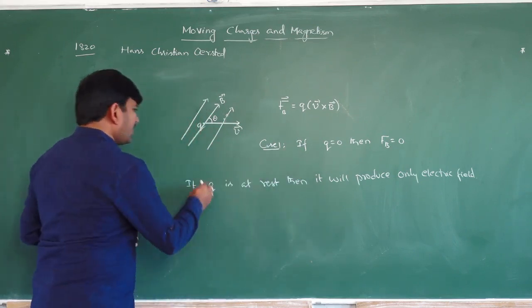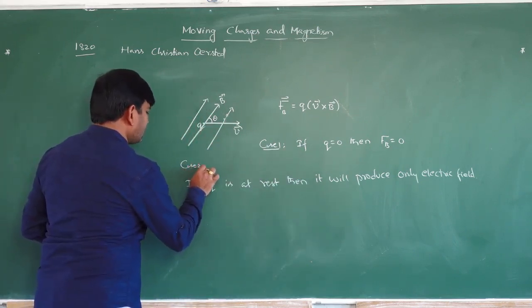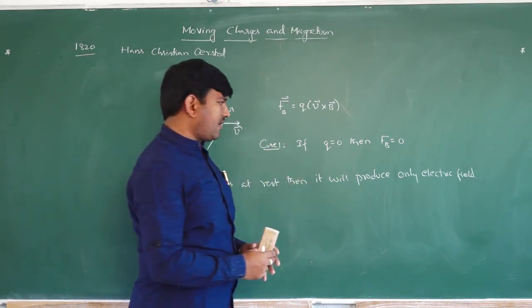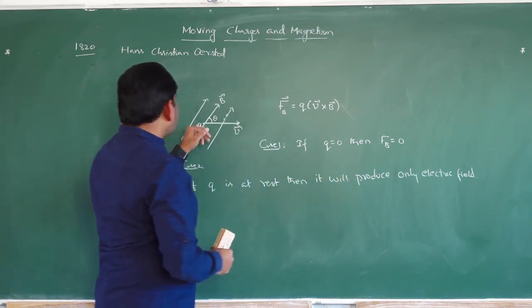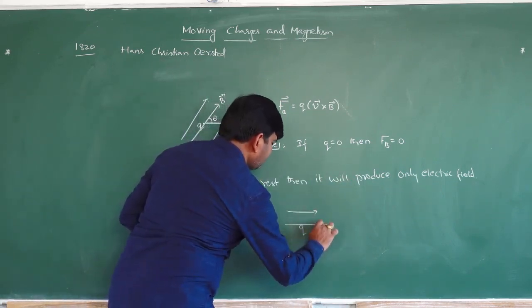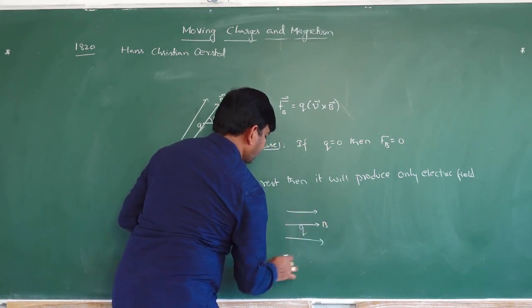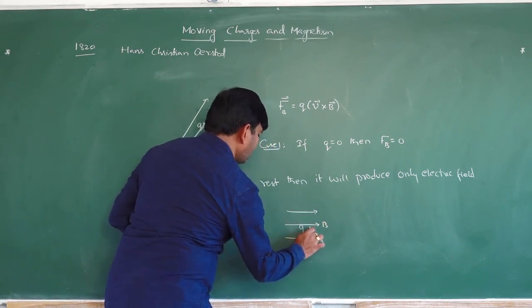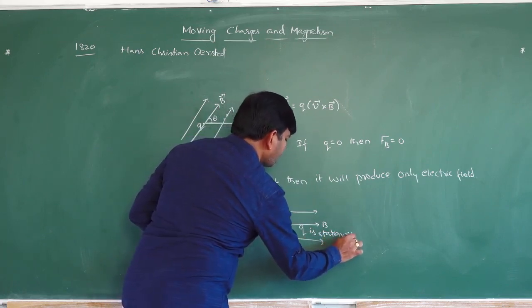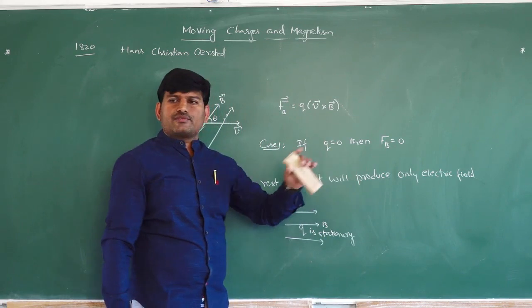But in case 2, if the charge is at rest, it will produce only an electric field. A charge simply kept at rest in the uniform magnetic field. So Q is stationary. A stationary charge can produce only an electric field, it cannot produce a magnetic field.